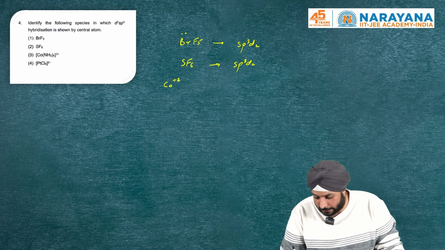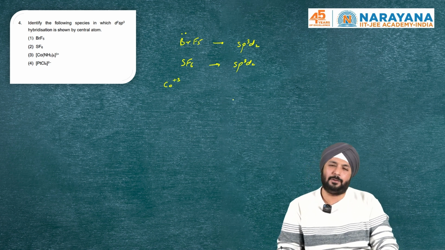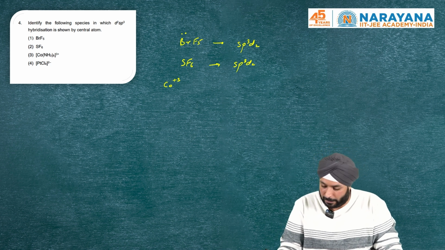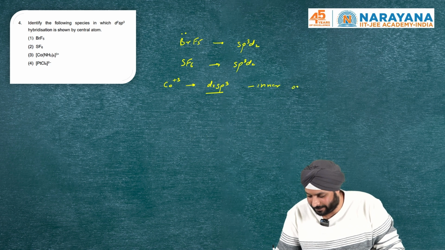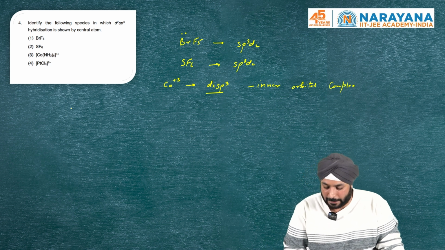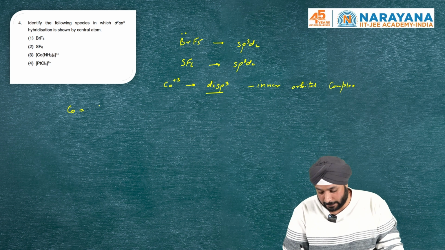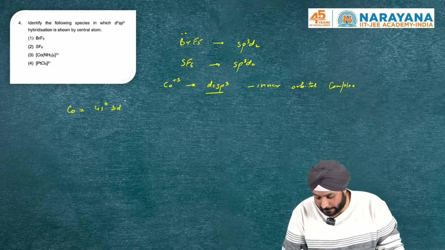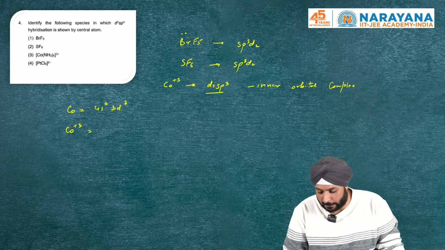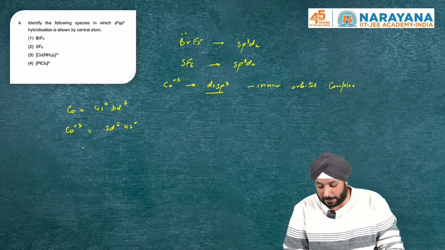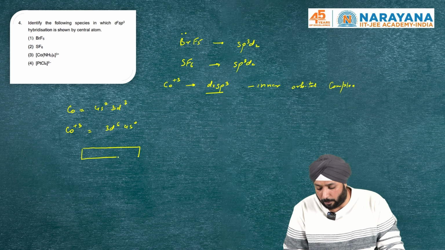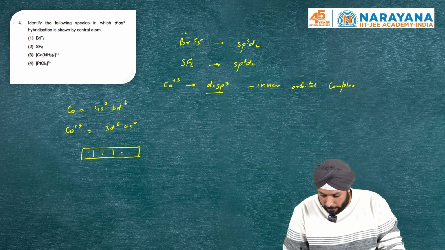For cobalt 3 plus, when cobalt 3 plus forms a complex with a strong field ligand, the hybridization comes out to be d2sp3. That is an inner orbital complex. Understand that cobalt electronic configuration is 4s2 3d7. For cobalt 3 plus, it should become 3d6 4s0. And when a strong field ligand like ammonia donates electrons to the cobalt, it results in pairing of electrons.